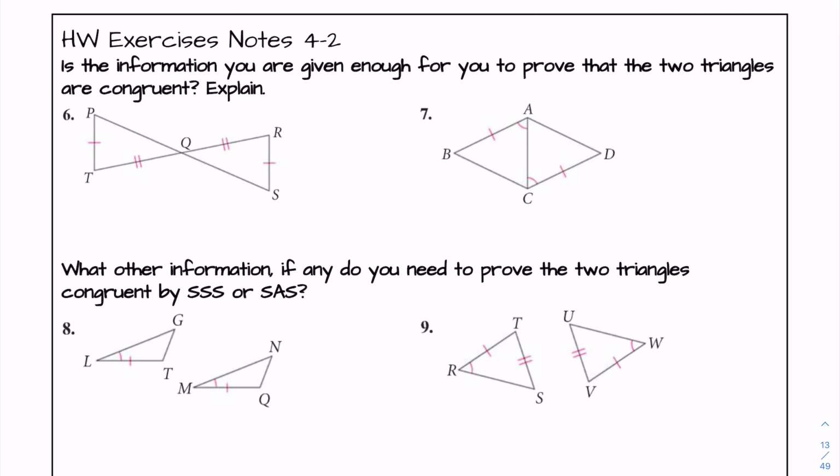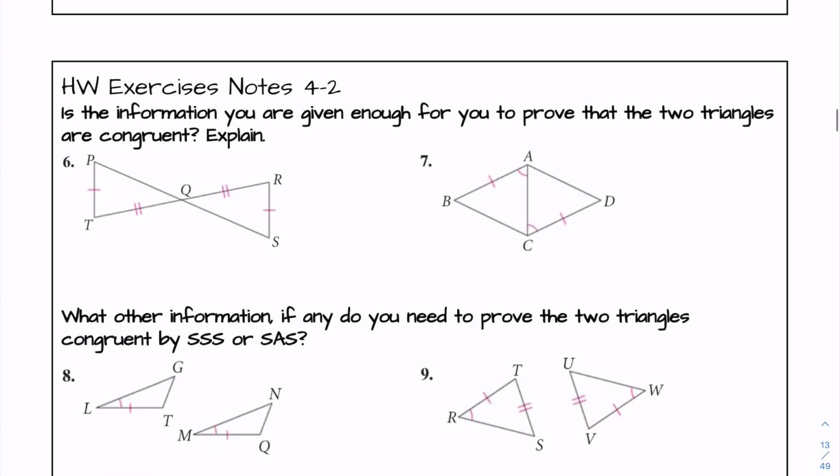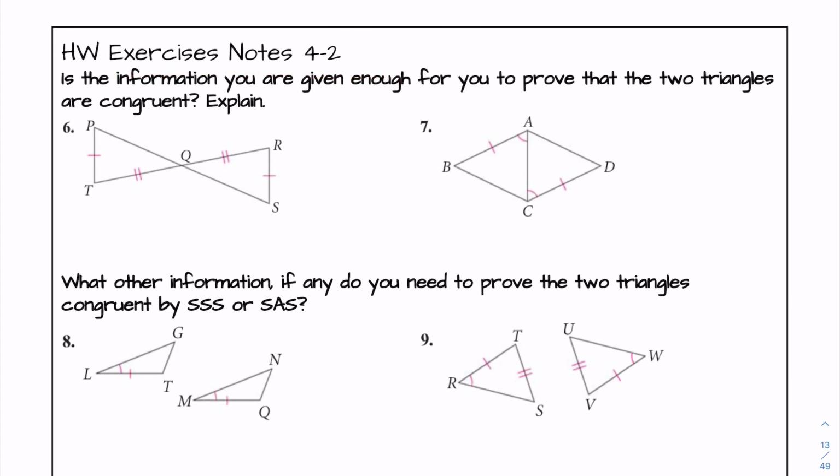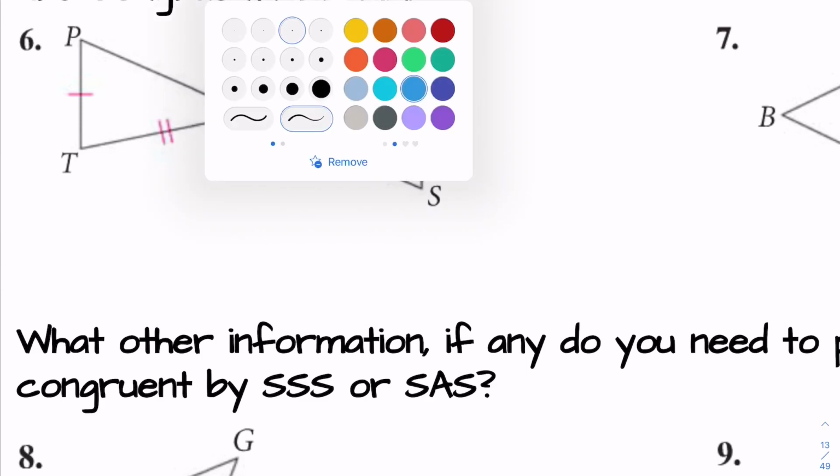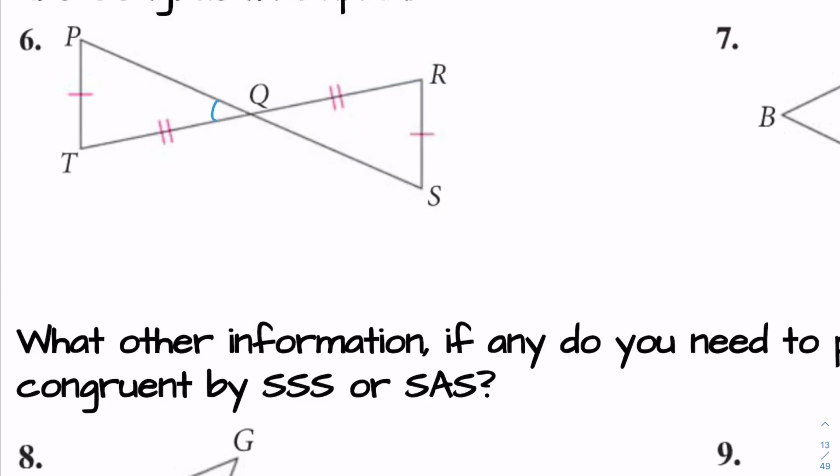All right, so here we have homework exercises, notes for 4-2, and I'm just going to finish these up quickly. Is the information you are given enough for you to prove that the two triangles are congruent? Explain. And so I'm going to throw in some tick marks here for my vertical angles.